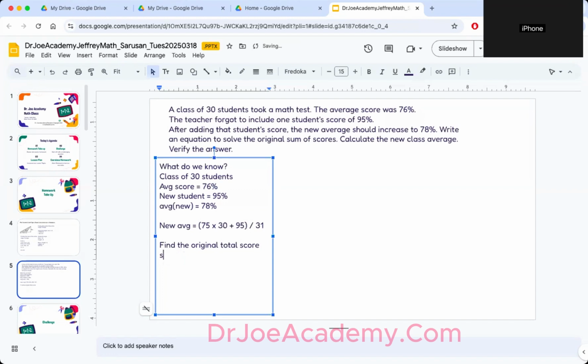Okay, here is going to be 76, because I did the calculations using 75. So 76 times 30 plus 95, divided by 31. I just got 76.6.